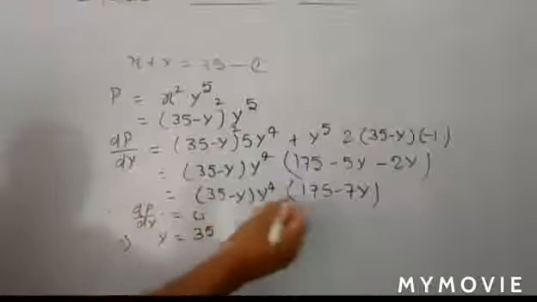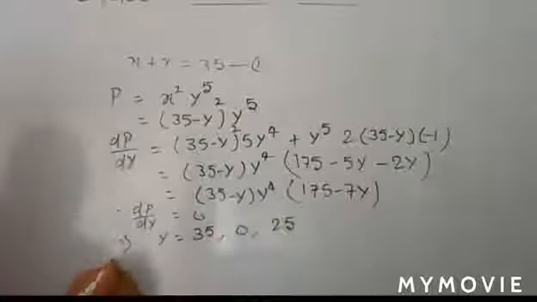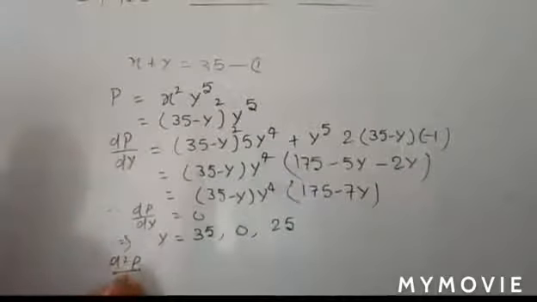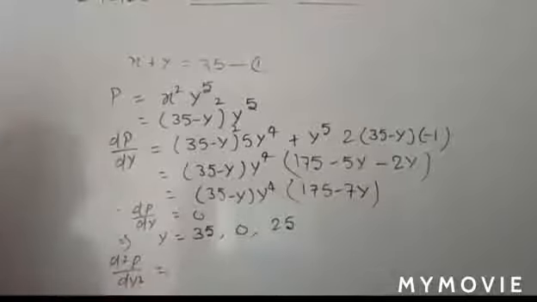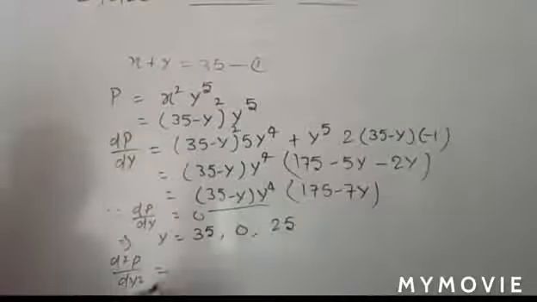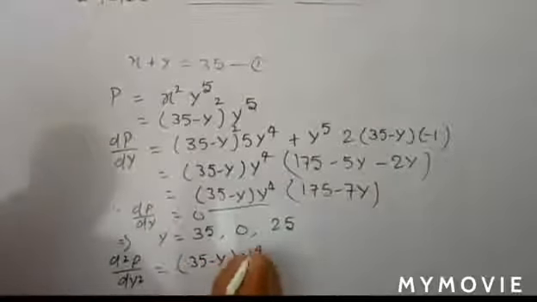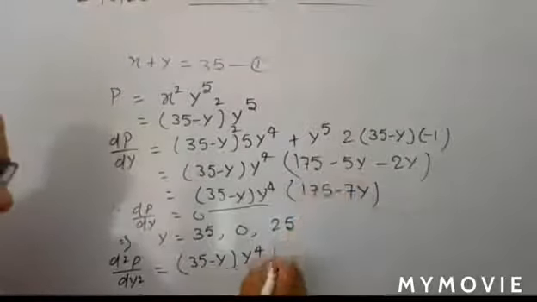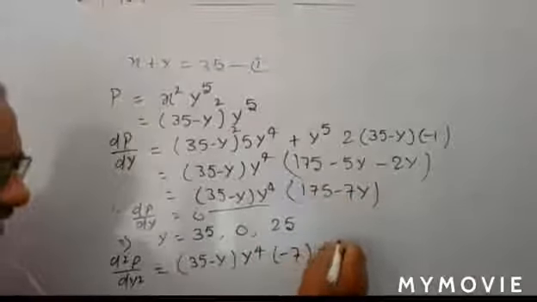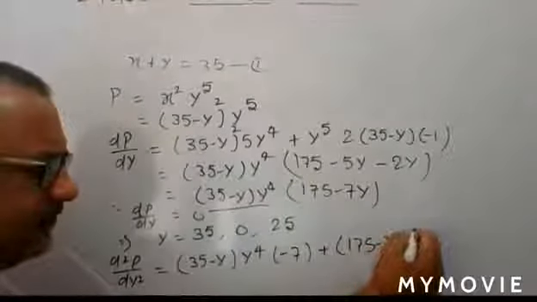Now take the second derivative. So if you take the second derivative, just check it. d2p upon dy2, you differentiate it again. Take this complete first part as the first function: (35 minus y) into y to the power 4, and differentiation of second, that is minus 7, plus second function 175 minus 7y, and differentiation of first.